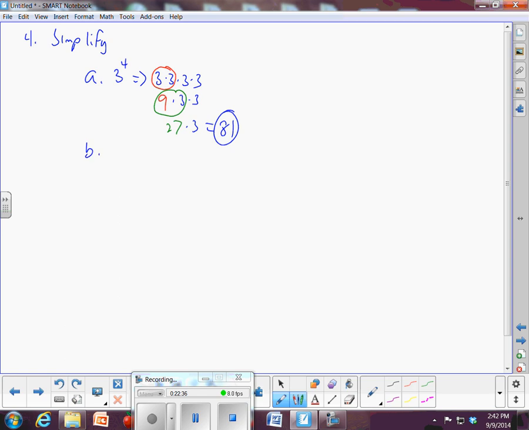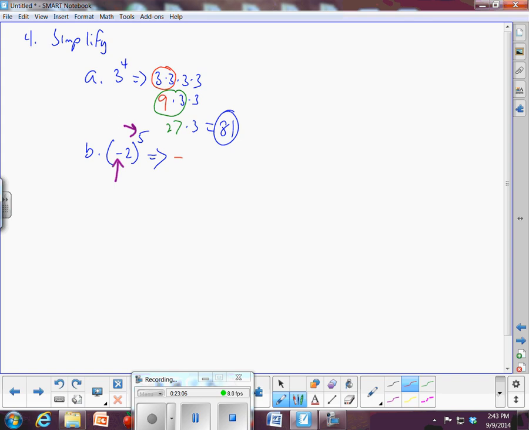Let me show you another one, B. How about this? Parentheses, negative 2, close the parentheses, to the 5th power. So the exponent's 5. Negative 2 to the 5th power. Because I remember that a negative base to an odd exponent gives me a negative product, I can simply put that negative out in front.